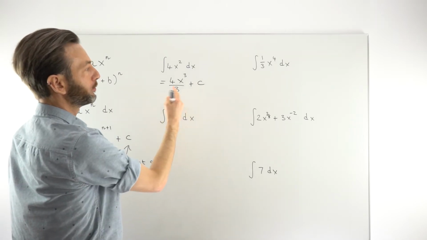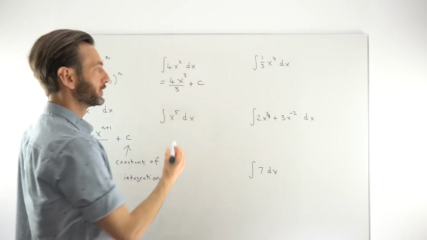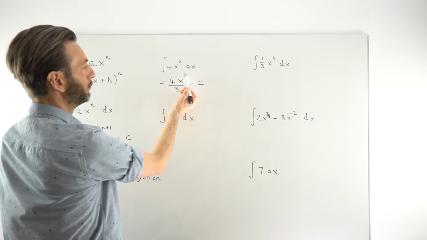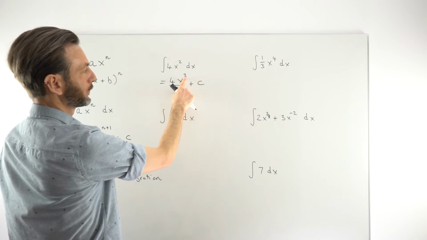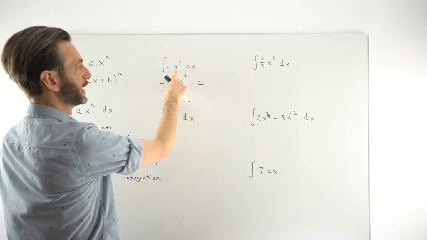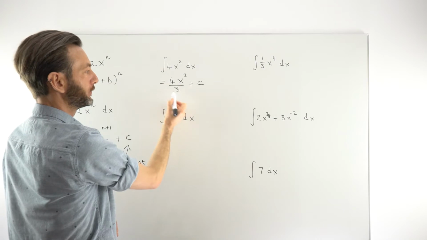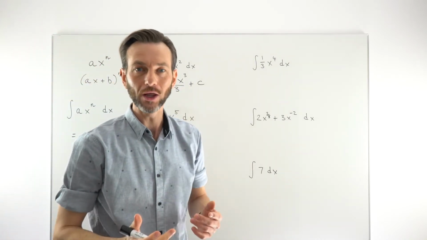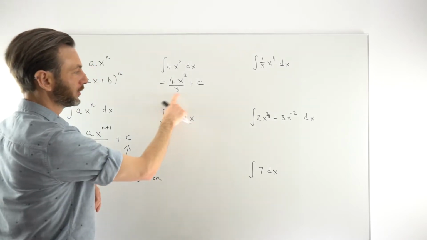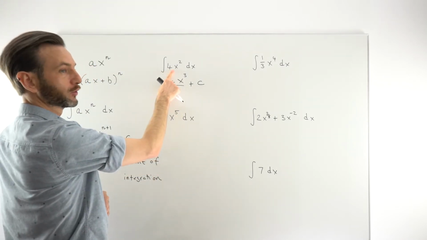Why is that the integral? Because it's the antiderivative. In other words, if we differentiate that, multiply by the power, multiply by the 3 would cancel out that 3, take 1 off the power, it goes back down to a 2, and you would end up with that. So in other words, you can always check your solution by differentiating it. If you differentiate the integral, the thing you get here, you should go back to the thing you started with.